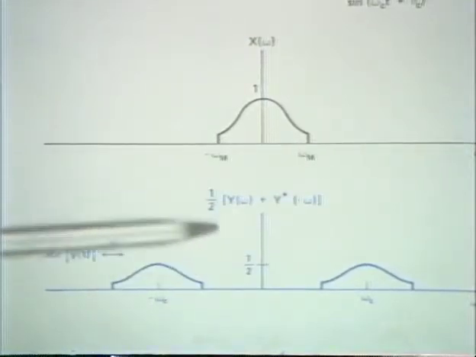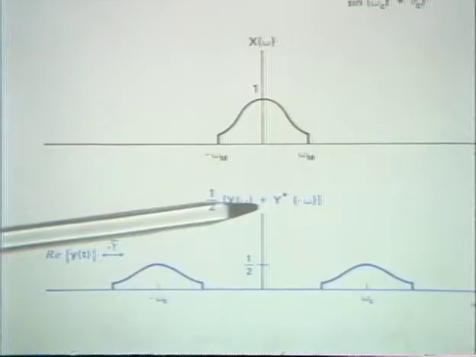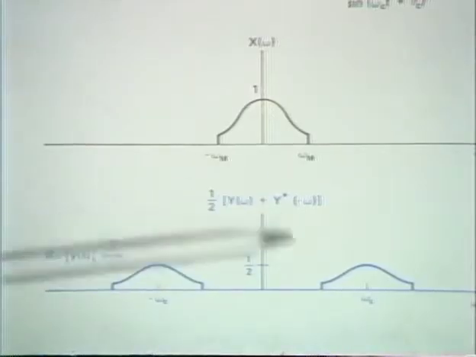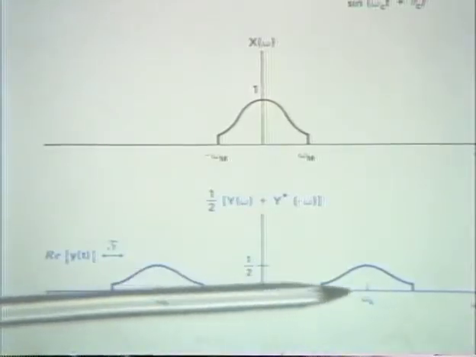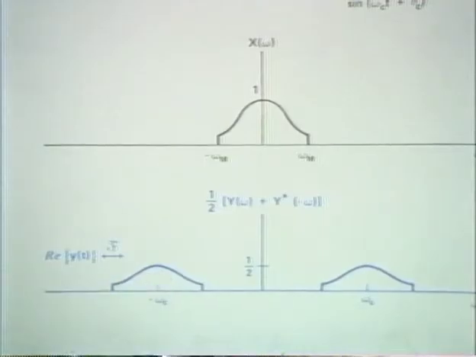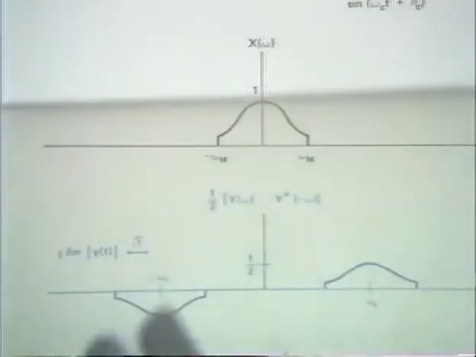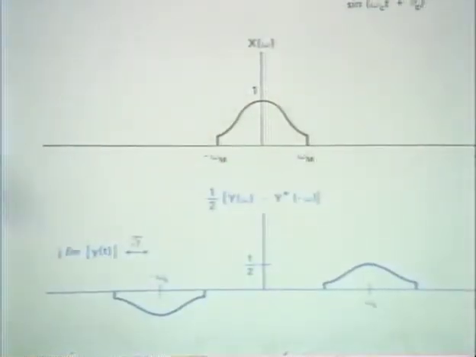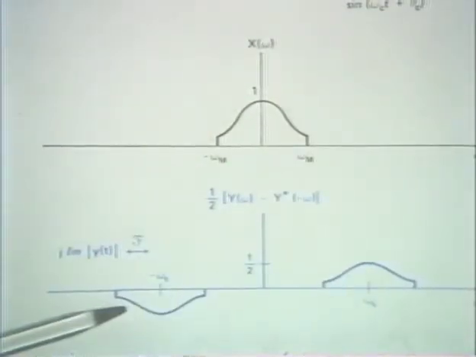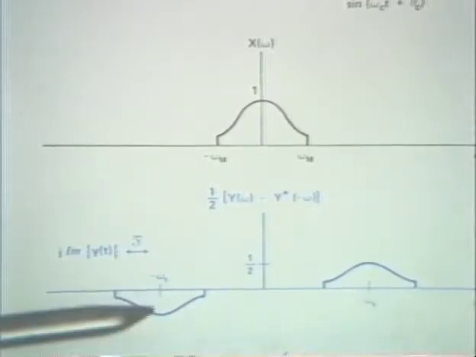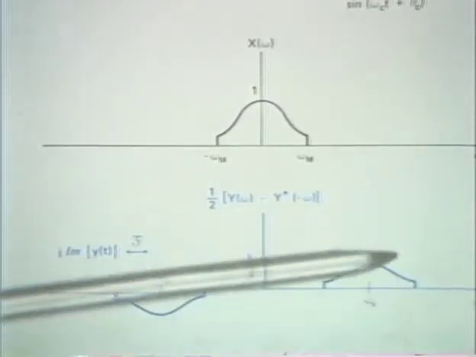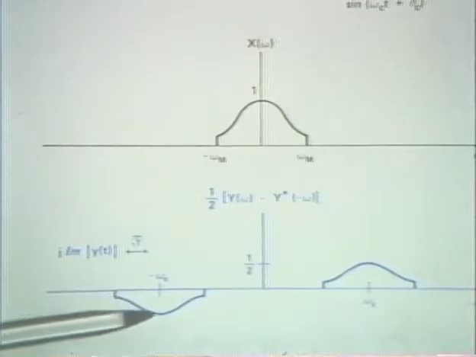And so with the output of the cosine modulator, we have a spectrum that looks like this, and the output along the imaginary branch has a spectrum that looks like this. Recall in the top branch that this, for positive frequencies, was positive and was positive here.